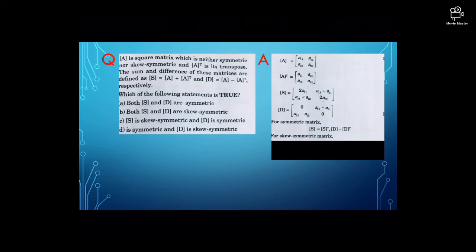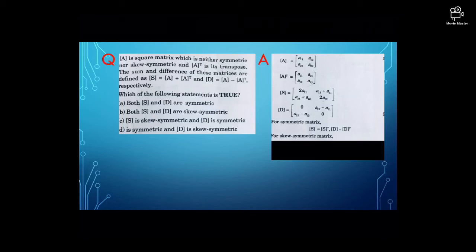So what we have to do is just assume A is equal to A11, A12, A21, A22. And so A transpose automatically will be A11, A21, A12 and A22. So S we know is the added matrix of A and A transpose, and D is the difference of those two matrices.